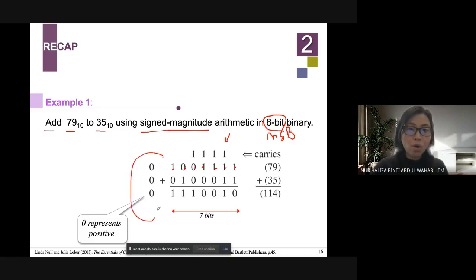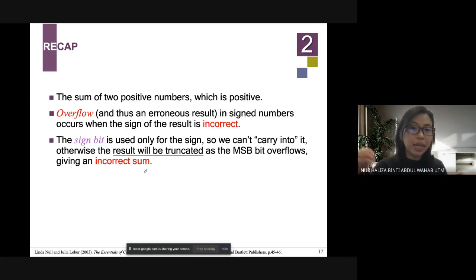The most significant bit over here, you're going to represent it with your sign, whether it is positive or negative. So please try to do it. And you can see that the sum of two positive numbers is positive.